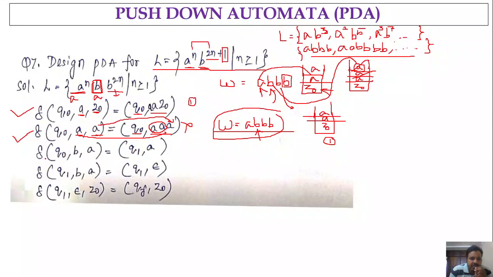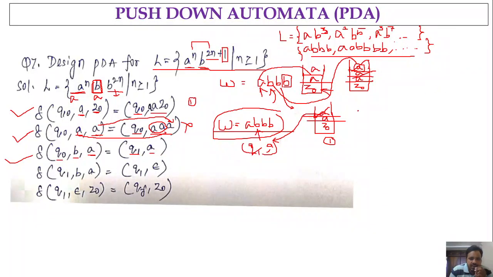The next step is that in q naught, if the input is b and the top of the stack is a, then we are going to state q1 and we are going to push a. As I mentioned, when we consider the top of the stack during a transition function, it is out of the stack. So we go to the state q1, and we push a onto the stack.